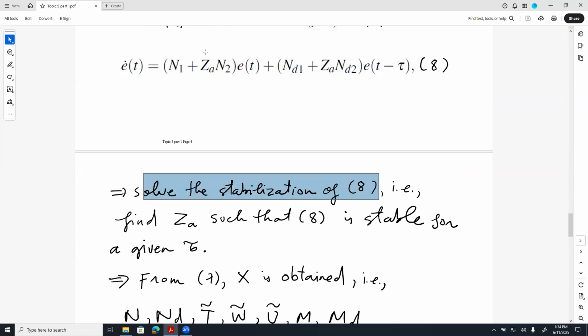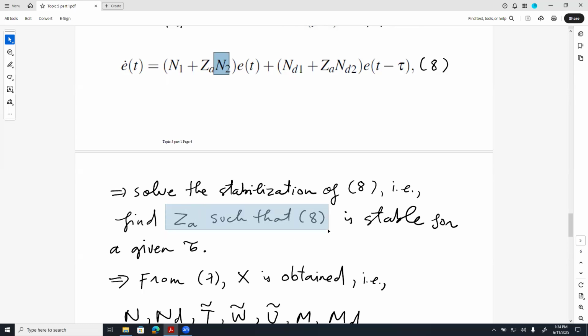If Z1 equals 0, then it becomes ensuring stability. Here, if N2 and ND2 are not 0, then we solve the stabilization of this equation. Basically we find a matrix Z1 such that this is stable for a given time delay.